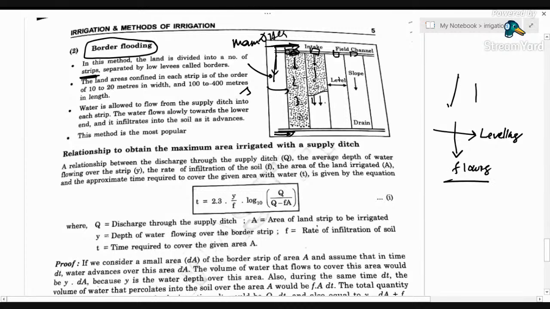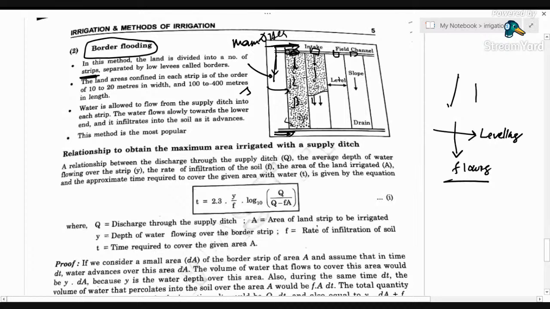So here we can have some control on the supply of water. We are not going for uncontrolled flooding. We watch the water flowing and being distributed uniformly throughout each strip, and then we stop the outlet.